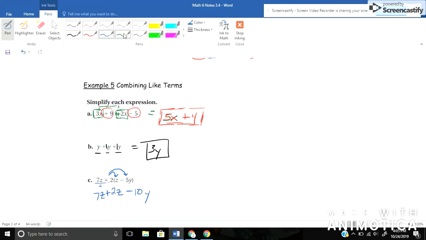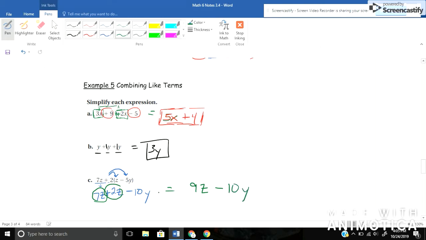Okay. Now I can look for like terms. Well, these two both have a z. I have 7z plus 2z. That would give me 9z. And I'm subtracting 10y. Well, those are not like terms. I can't subtract y's from z's, so I'll just write it as minus 10y.